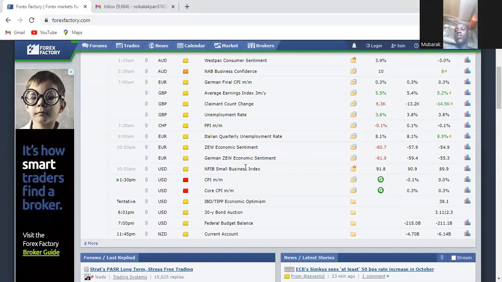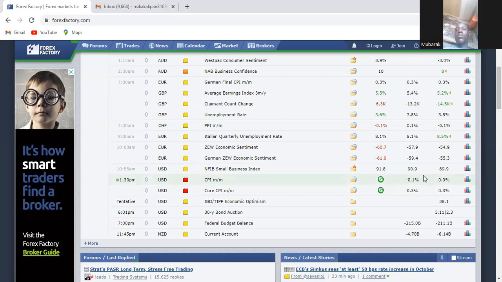Both CPI and core CPI, we're expecting about the same kind of results. So if the actual is greater than previous or forecast, then the currency is strong, which means gold will sell, GBP USD will sell, Euro USD will sell.